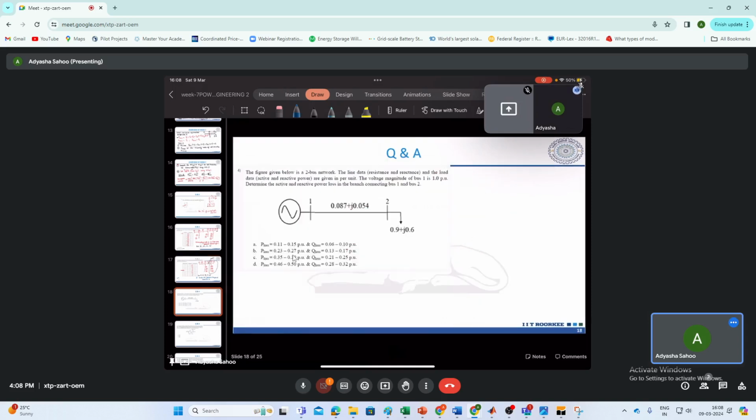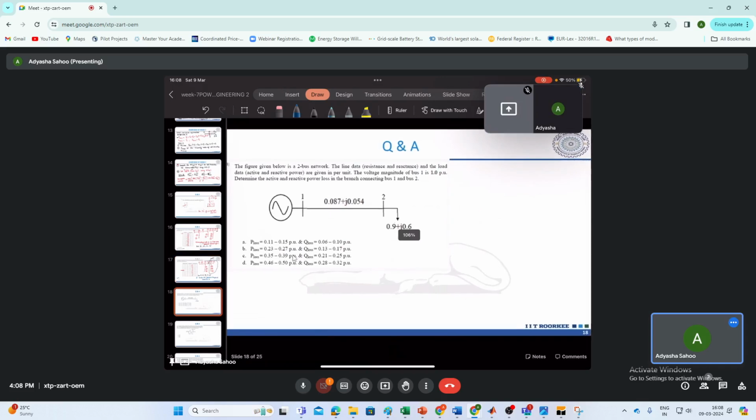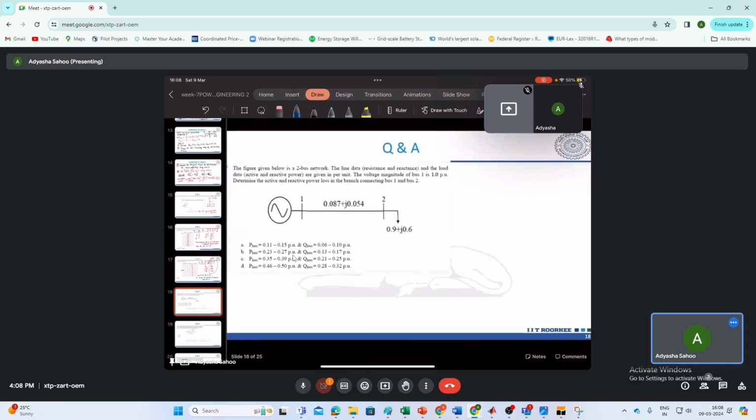Now the next one. Given a 2-bus network, line data and load data are given in per unit. Voltage magnitude is 1 per unit. Determine the active and reactive power loss.